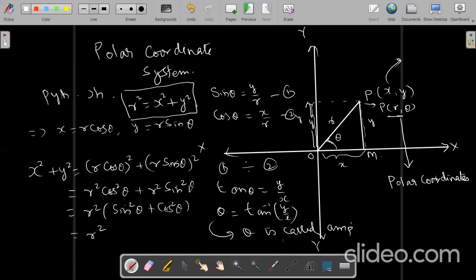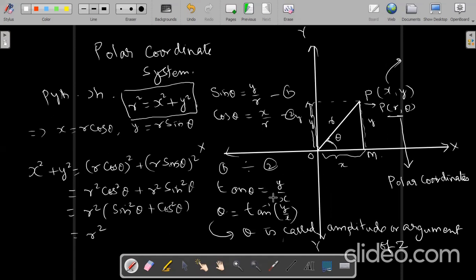Next time we will find out how to find the amplitude. Another name of amplitude is argument, so theta is the amplitude or argument of z.